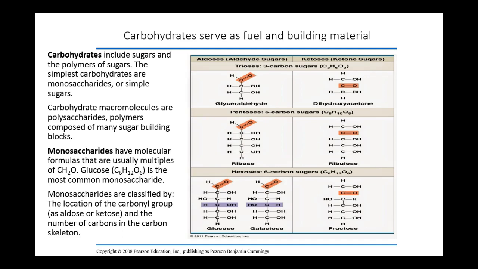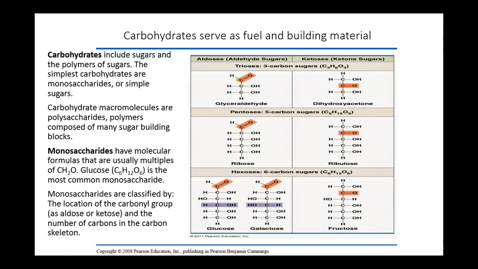Macromolecules of carbohydrates are polysaccharides. So they are building blocks of the monosaccharides. So polysaccharides are broken down into monosaccharides, actually in the body with enzymes, and monosaccharides are built up into polysaccharides.